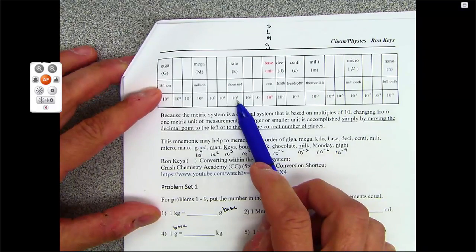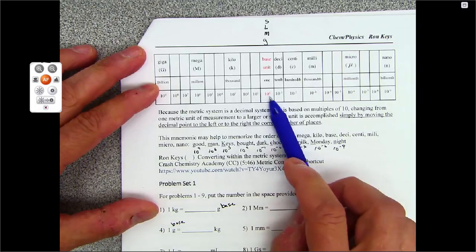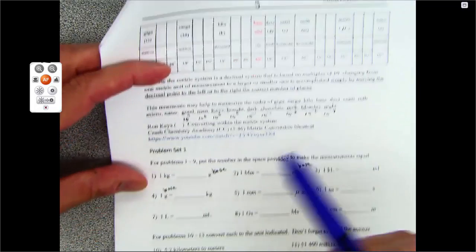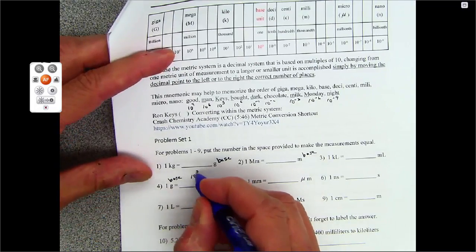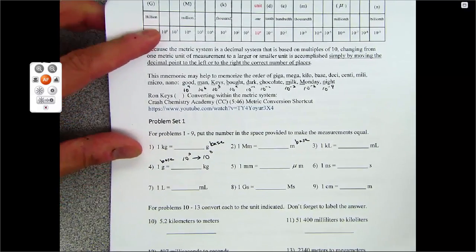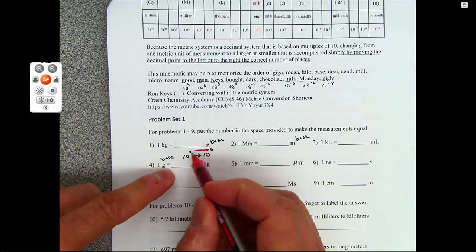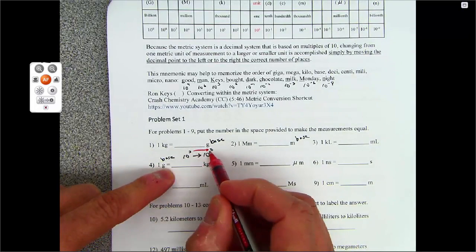Kilo is here, 10 to the 3rd. We want to get to our base unit, which is 10 to the 0. So 10 to the 3rd, 10 to the 0. We simply move our decimal point the same direction. To get 3 to 0 on the number line is 3 places to the right.